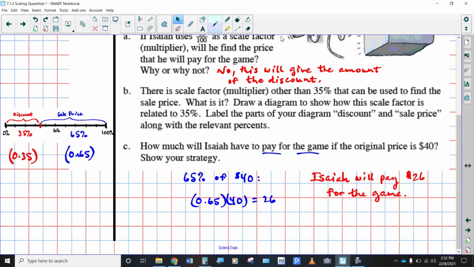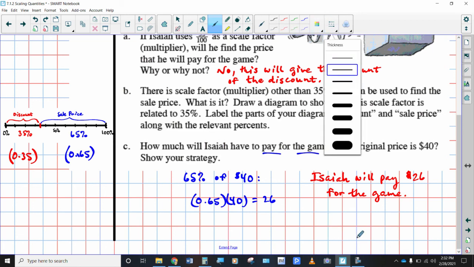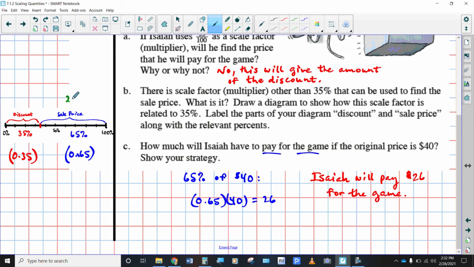Now, without even thinking, can you determine how much the discount was? Okay, so if the sale price was $26 and the total was $40, doesn't that mean that the discount must have been $14? So I'm going to go ahead and double check this.